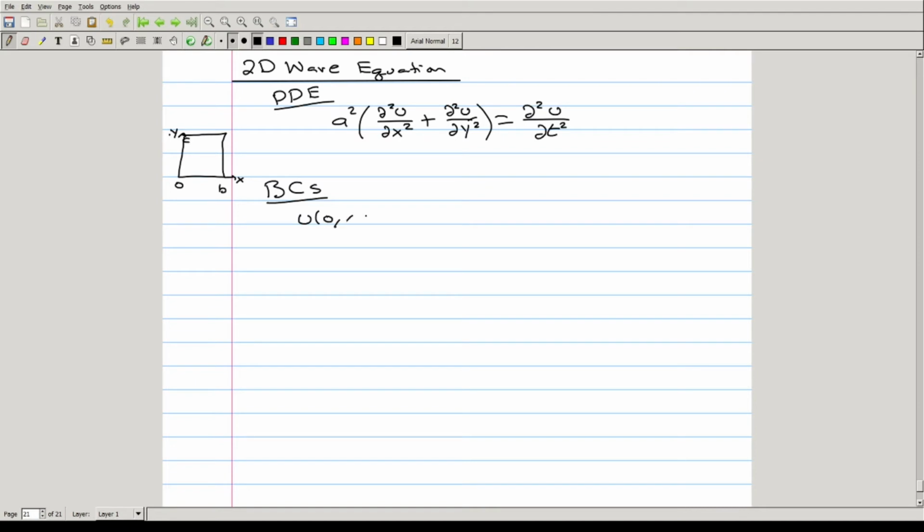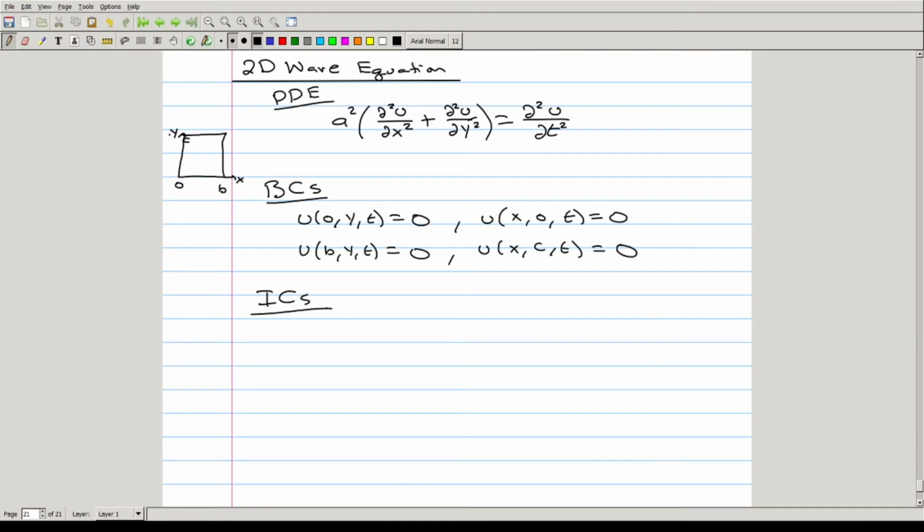And we'll just give this the simplest possible boundary conditions, which are u at 0, y, t is 0, u at b, y, t is 0, u at x, 0, t is 0, and lastly u at x, c, t is 0.